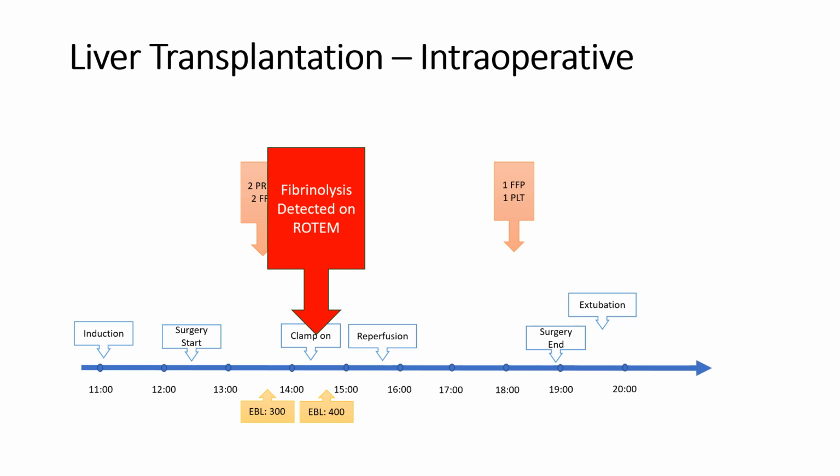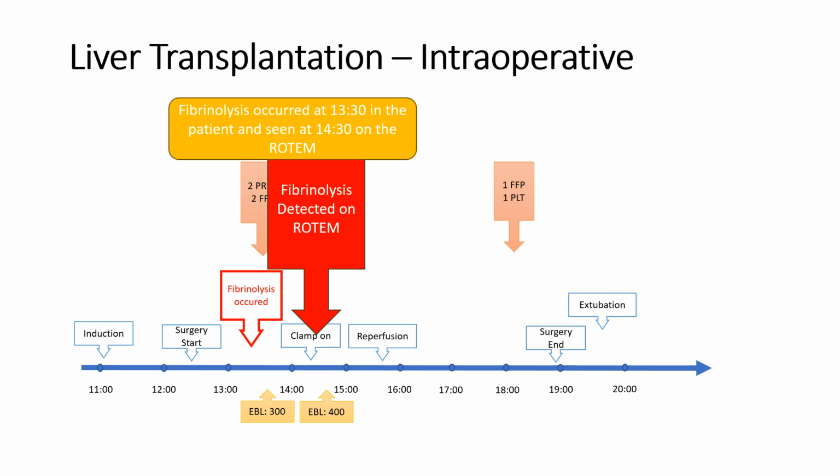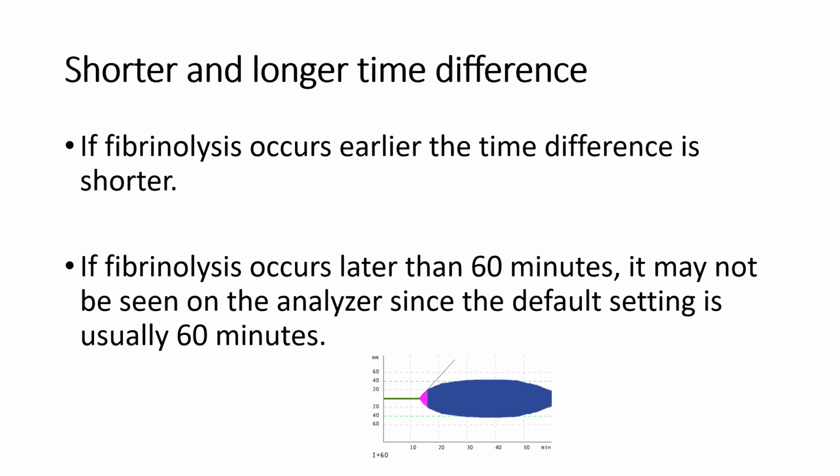So one more time, the fibrinolysis occurred at 1:30 in the patient, but we saw it on the ROTEM at 2:30. The time points are different because it takes about 60 minutes based on the setting of the ROTEM to complete it. And what we see on the ROTEM is what happens 60 minutes before. Sometimes fibrinolysis can start very early on and it's completed before 60 minutes.